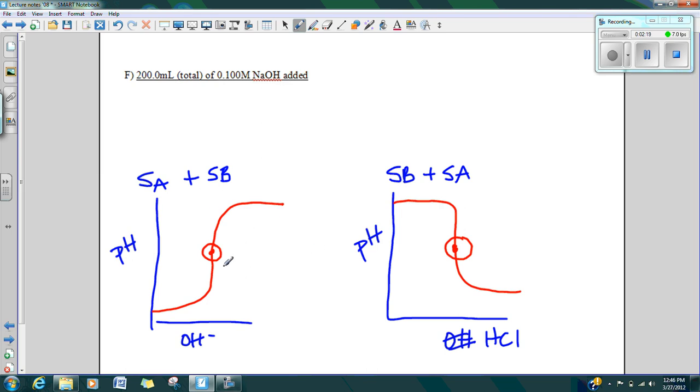The other point is that if I have a strong acid, would you agree that I have a lot of hydrogen ions here, and it's going to act like a buffer? It's going to take a long time for this pH to change. On the other side, the same kind of thing: I have a lot of hydroxide ions here. It's a great buffering material. The curve probably would be a little bit more like this, but it takes a lot of substance before you're going to see that change.